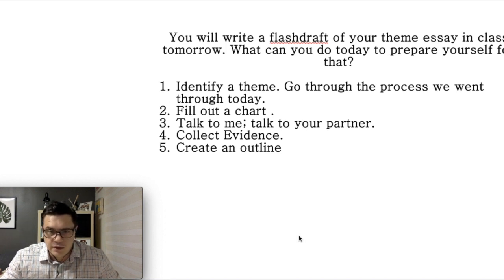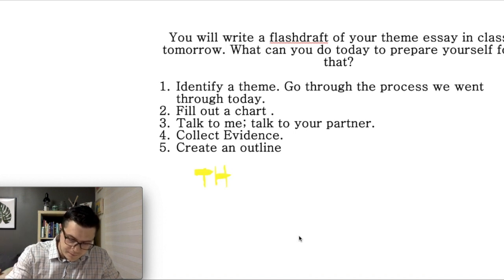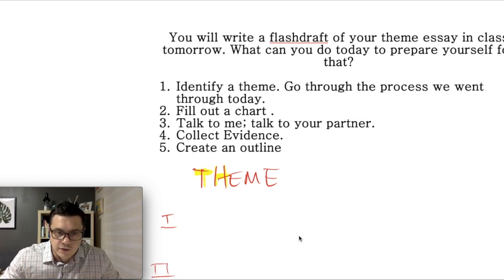If you get done with that, you could even create an outline. When I say create an outline, what I mean is you write your theme at the top, and then you are organizing your evidence.